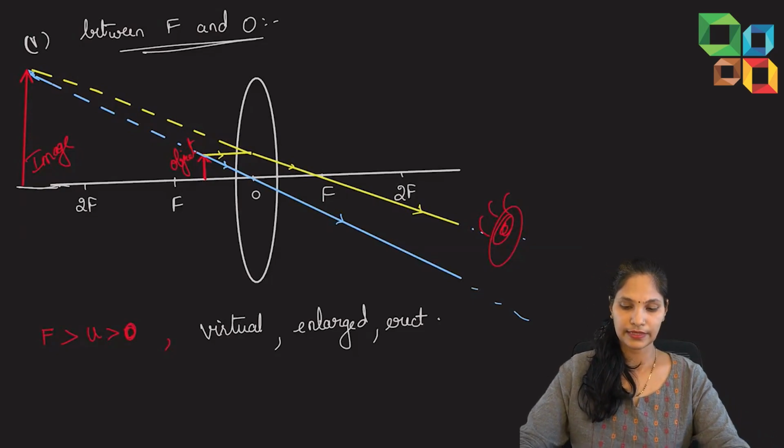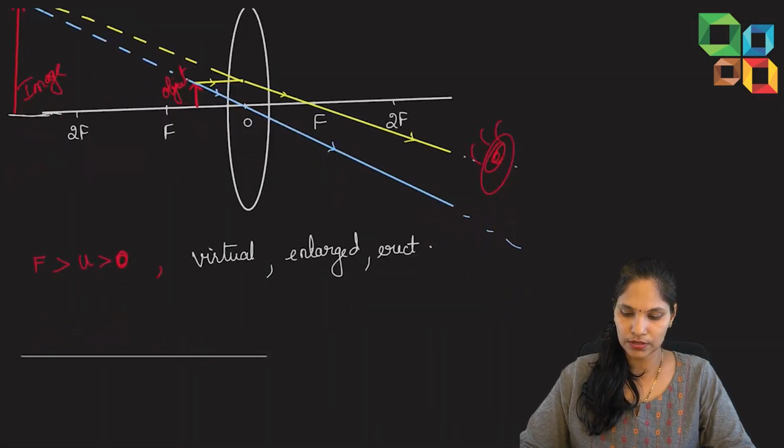Yes, students. Next, let us talk about the equations, like if you know where the object is, how to find out where the image is. Just now we saw the ray diagram.